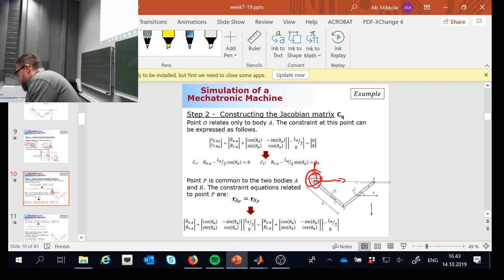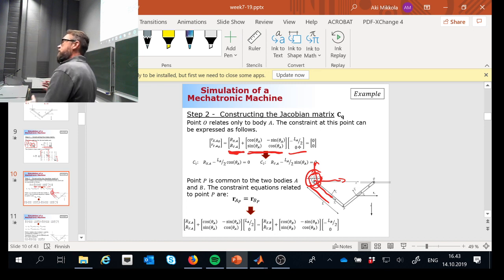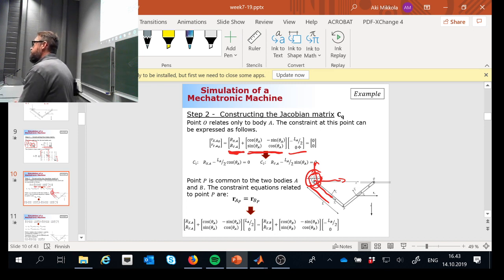Always first to the body reference coordinate system, and then with the help of the vector u-bar, we go back. So first we travel to the body reference coordinate system, we account for its orientation, and now with the help of the vector u-bar, we travel back. What does this equation have to be equal to? Well, it has to be equal to 0, 0, because that's where the point is globally located.